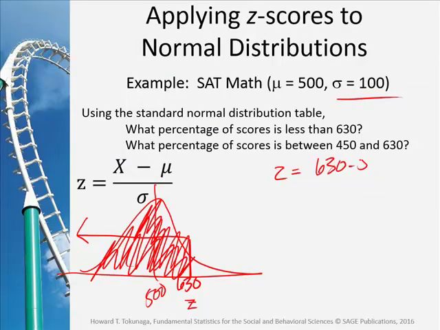You'll get 1.3 for your z-score. And according to this... Don't go there yet. Okay. So baby steps. We now have calculated what the z-score is for that spot on my curve. And that spot on my curve, I'm going to erase my z here, is 1.30.